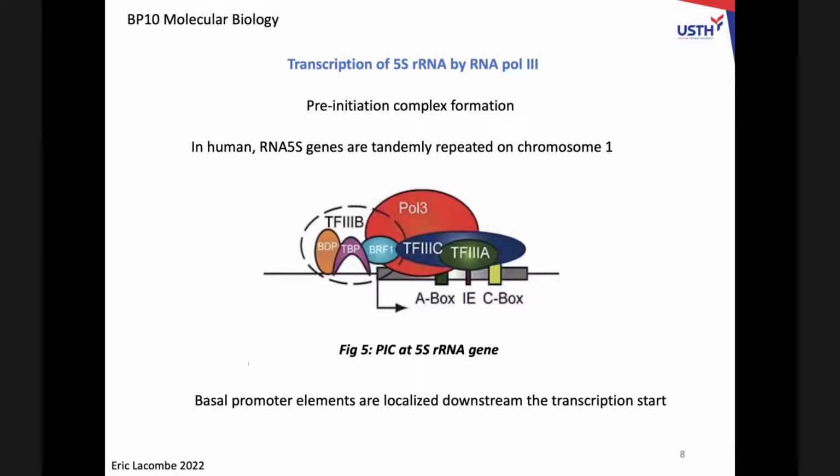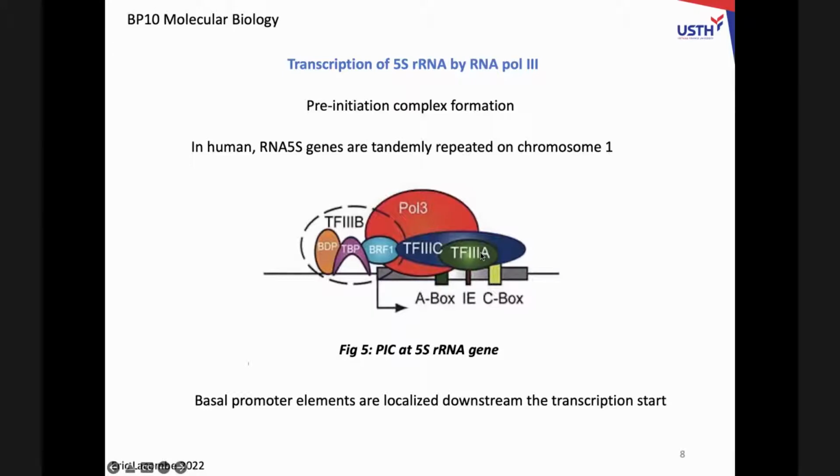But no polymerase recognizes the +1. They don't know the +1. What makes the position of the +1 is the interaction of the first protein factor that interacts with DNA. Then they interact with the polymerase.